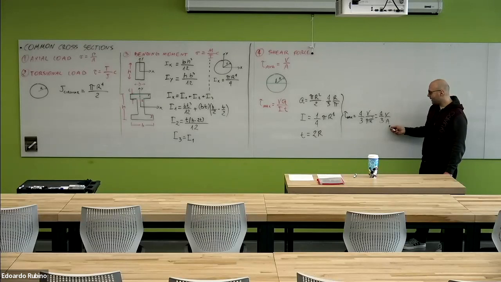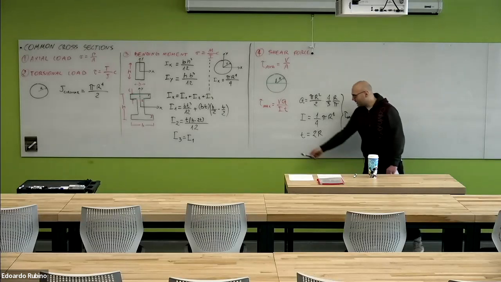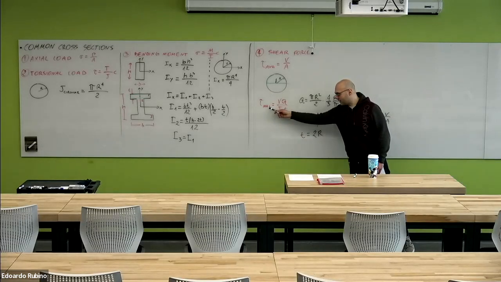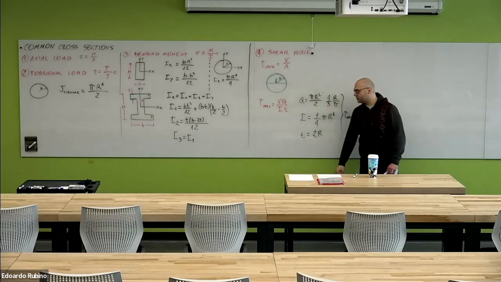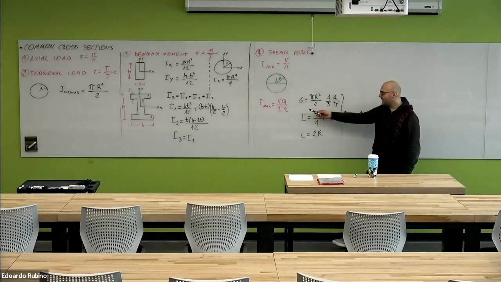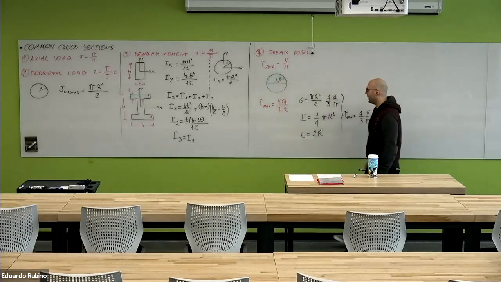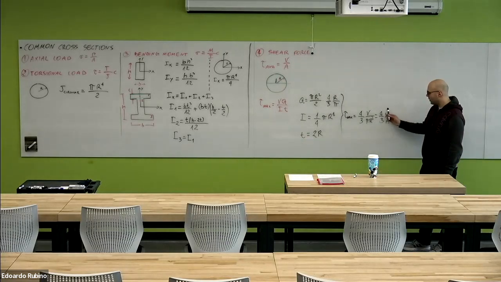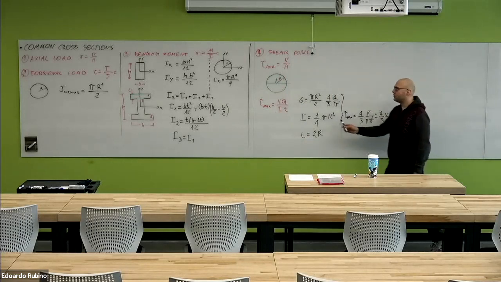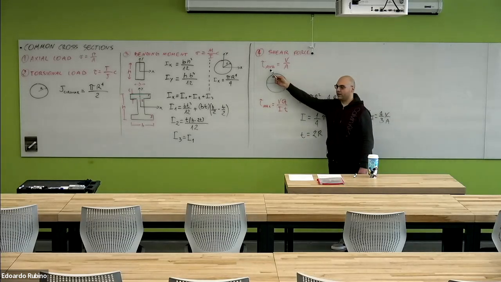So as you can see, when we use the exact equation for the shear stress, the shear formula instead of the average shear, we obtain a value of the maximum stress that is actually higher than the average stress that we would obtain by using this equation here.